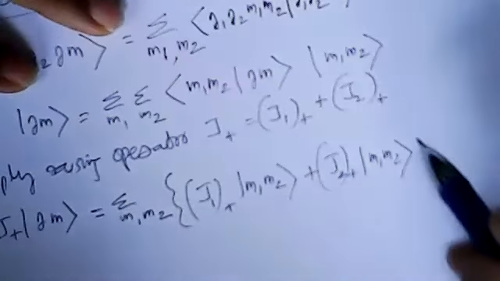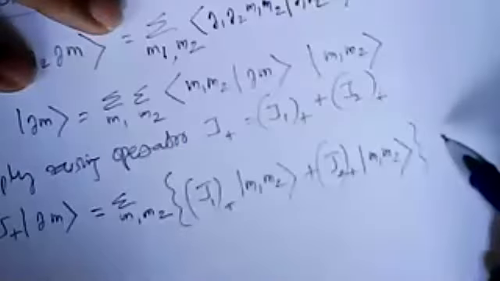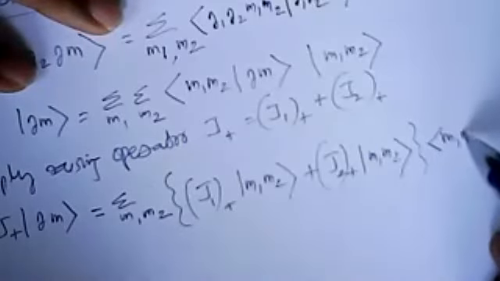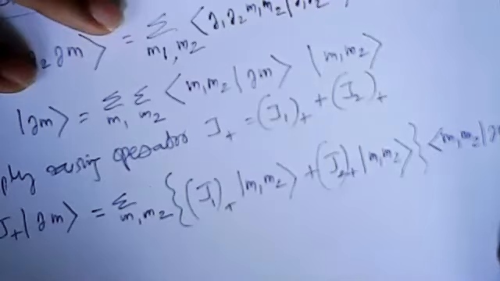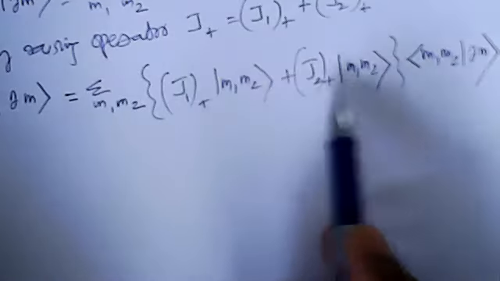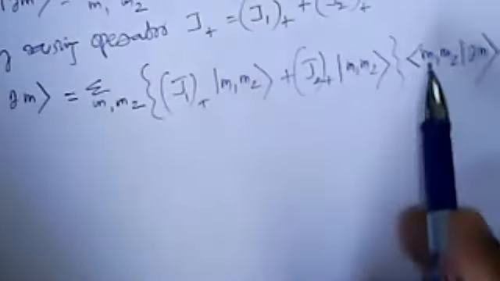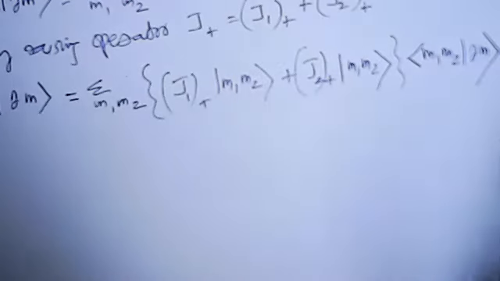Then the Clebsch-Gordan coefficient <M1, M2 | J, M> is common. So J plus is acting on the left side, and J1 plus and J2 plus are acting on these uncoupled bases |M1, M2>. Then this is the Clebsch-Gordan coefficient.